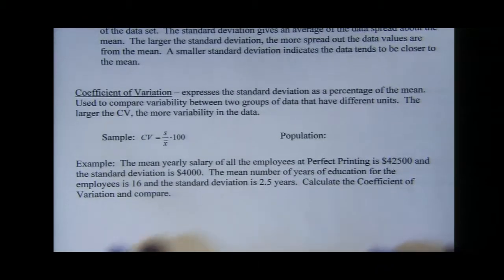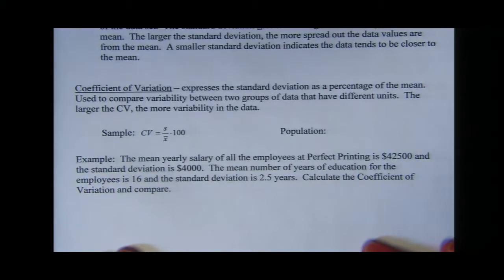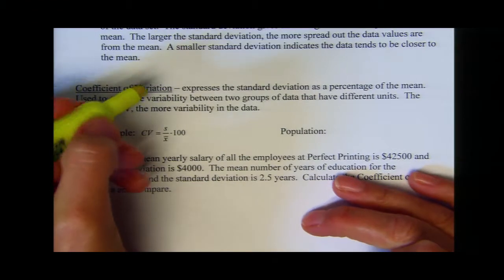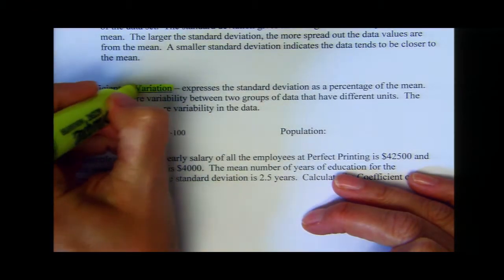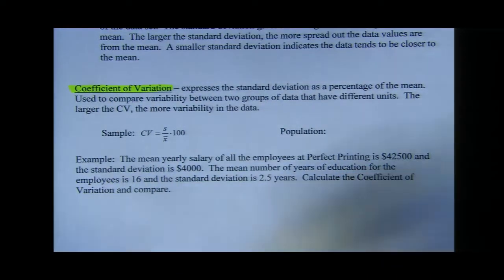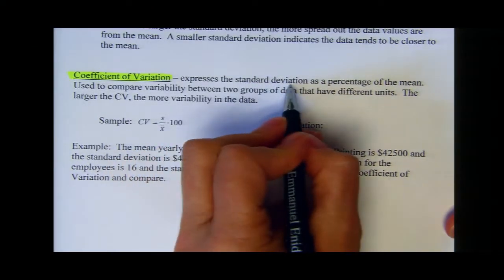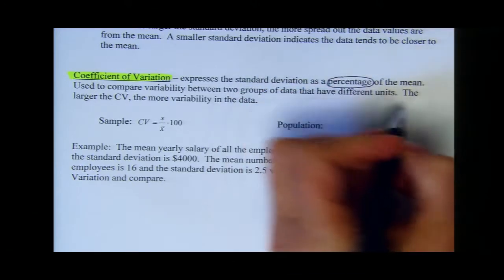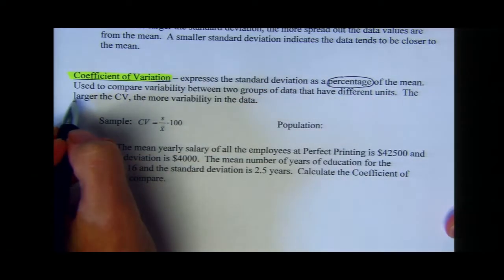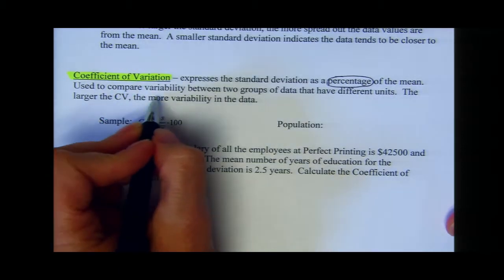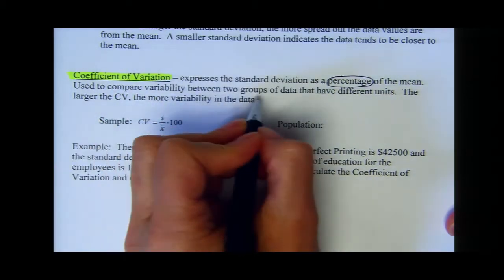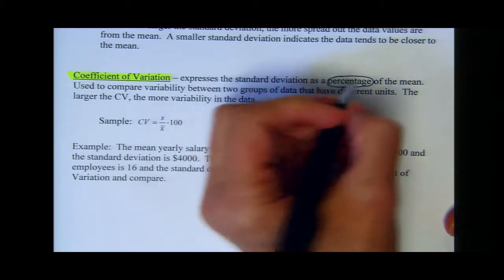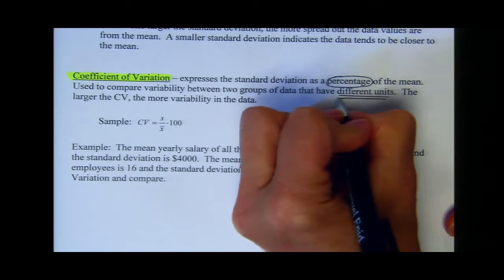All right, another concept we need to look at is what is called coefficient of variation. What the coefficient of variation does is it expresses the standard deviation as a percentage of the mean. Now, here's when we use this. It's used to compare variability between two groups of data that have different units.